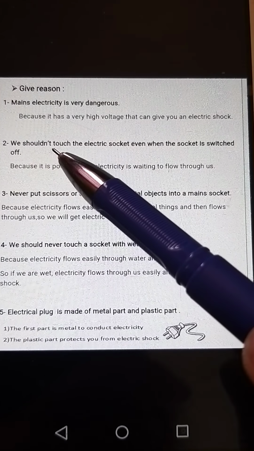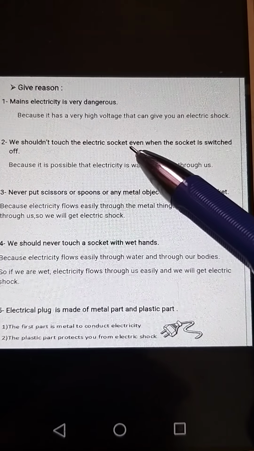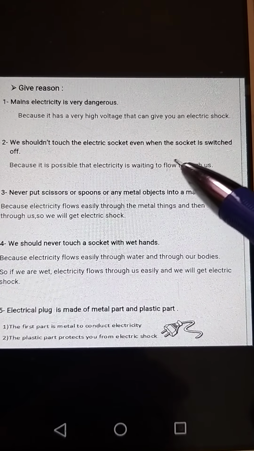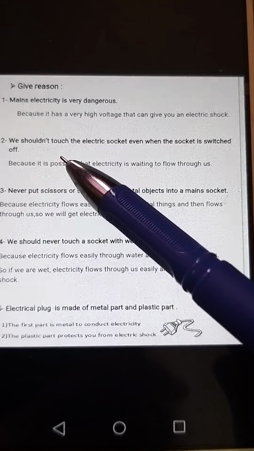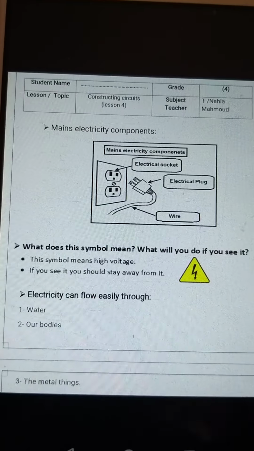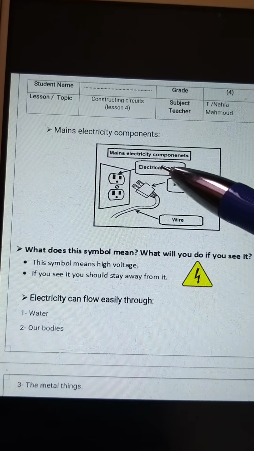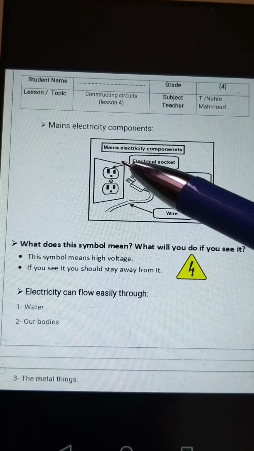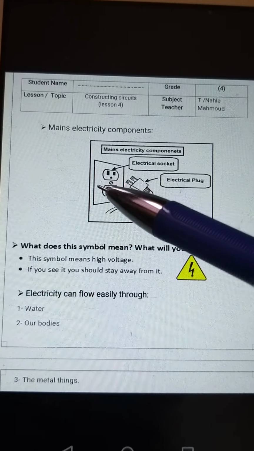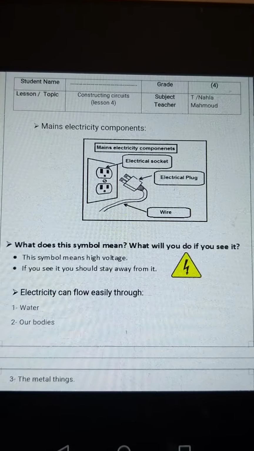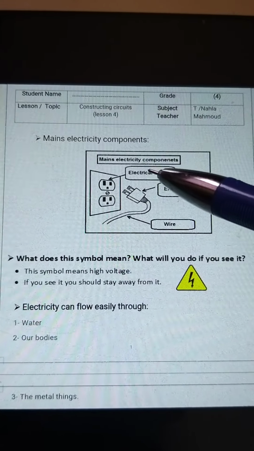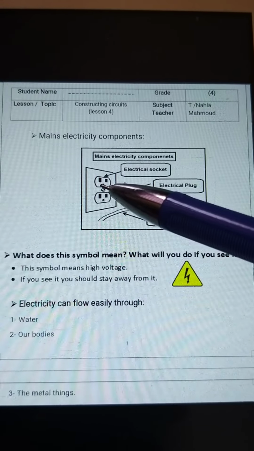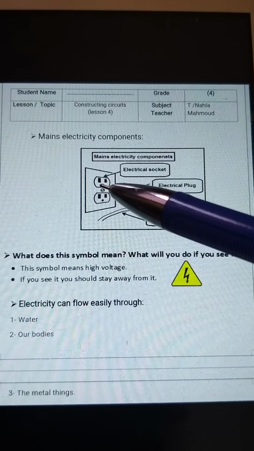Number 2, we shouldn't touch the electric socket even when the socket is switched off. This is the electric socket. We shouldn't touch it, whether the socket is switched on or switched off.